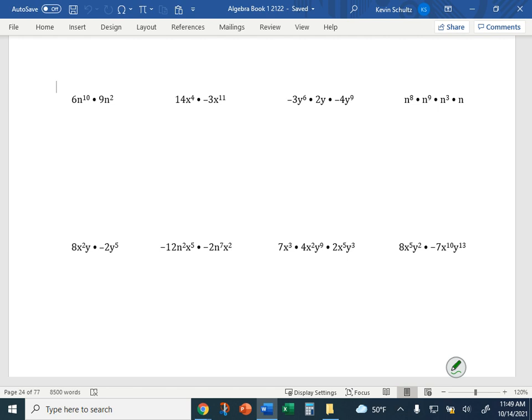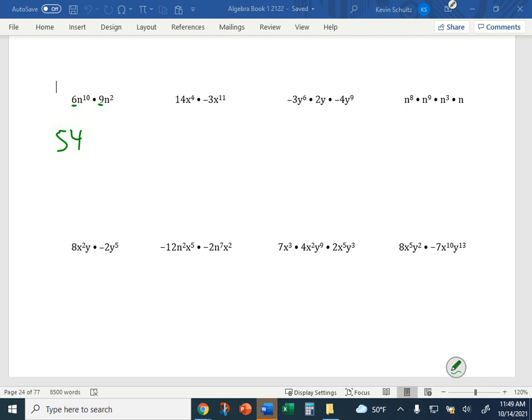But using the rule, what are our coefficients here? Lila. 6 and 9. What's 6 times 9? 54. By looking for our coefficients and multiplying them, as the rule states we can do, we get a coefficient in our answer of 54.